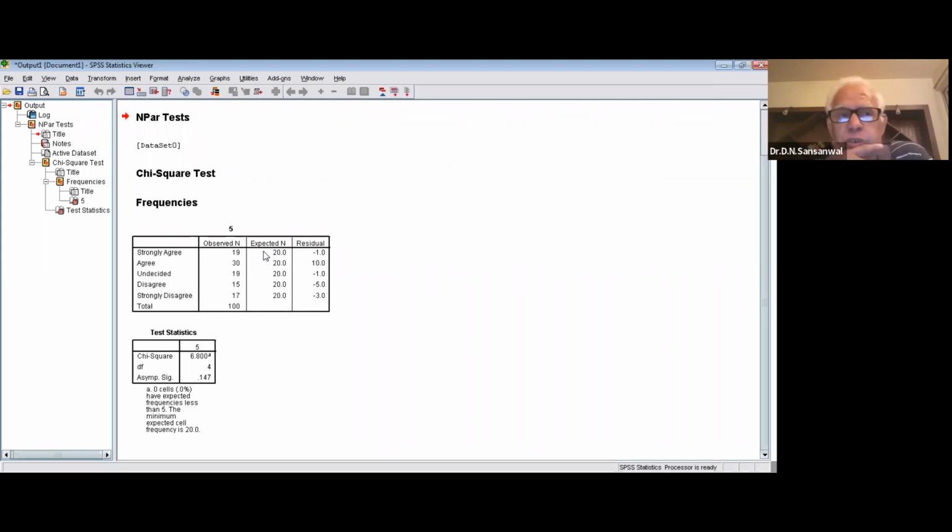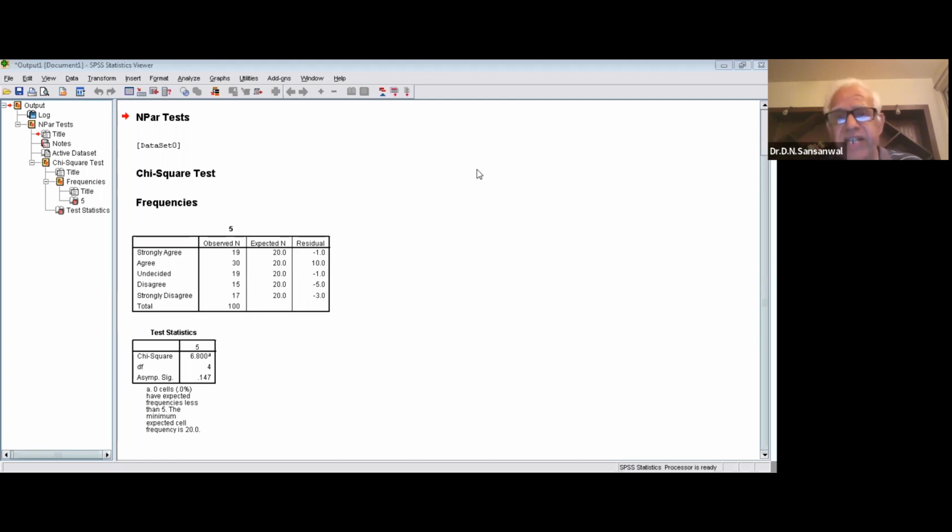I hope you have understood that if you are interested in finding out whether the observed frequency and expected frequency differ significantly or not, then you can use this. What do you mean by it? Tell us the name. Goodness of fit.